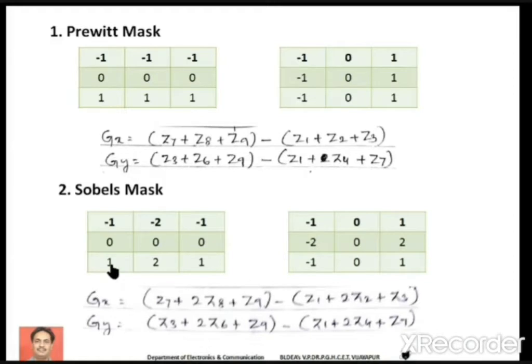Please try to understand. Gx is the difference between the third row and the first row.